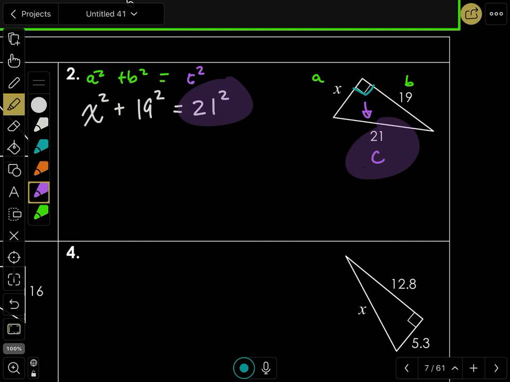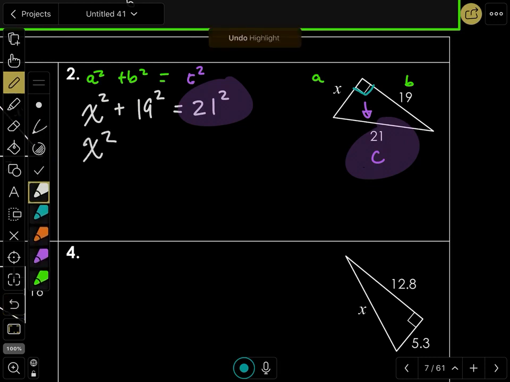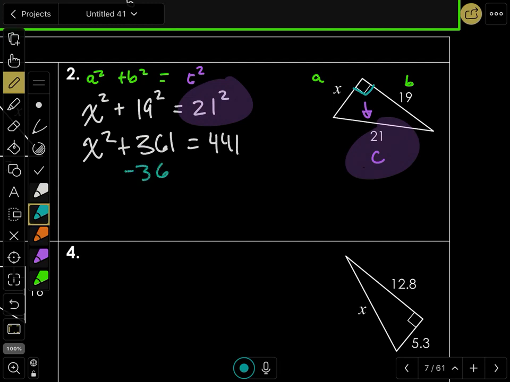Okay, so just going through this, x squared will just remain x squared. 19 squared is 361, 19 times 19, and 21 times 21 is 441. And then we can subtract this from both sides.